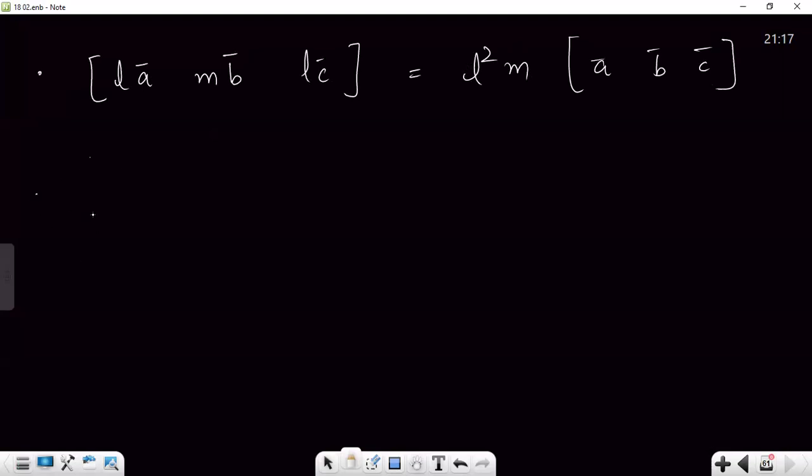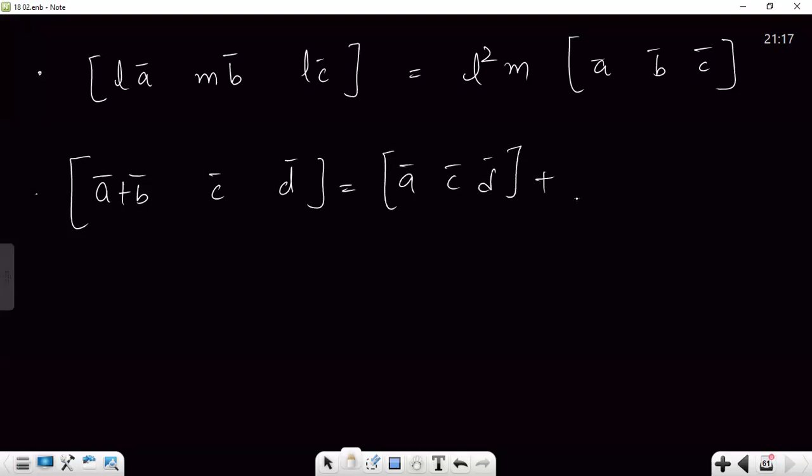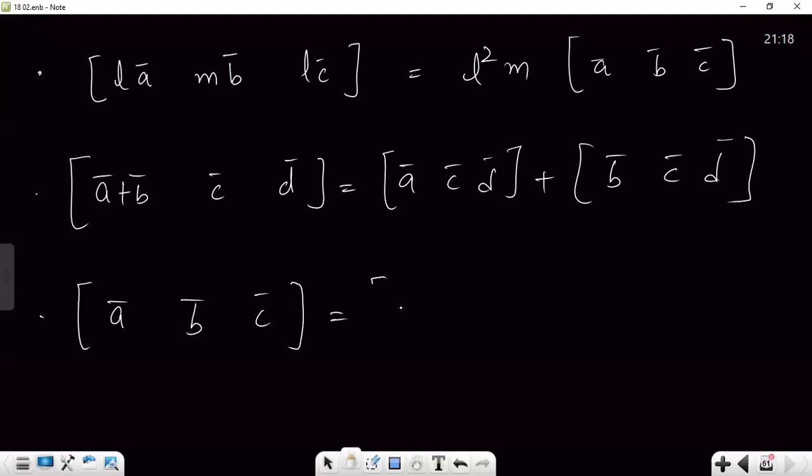Another example. This can be written as the sum of A, C, D and B, C, D. A plus B can be split into the sum of two determinants. The cyclical exchange of rows.